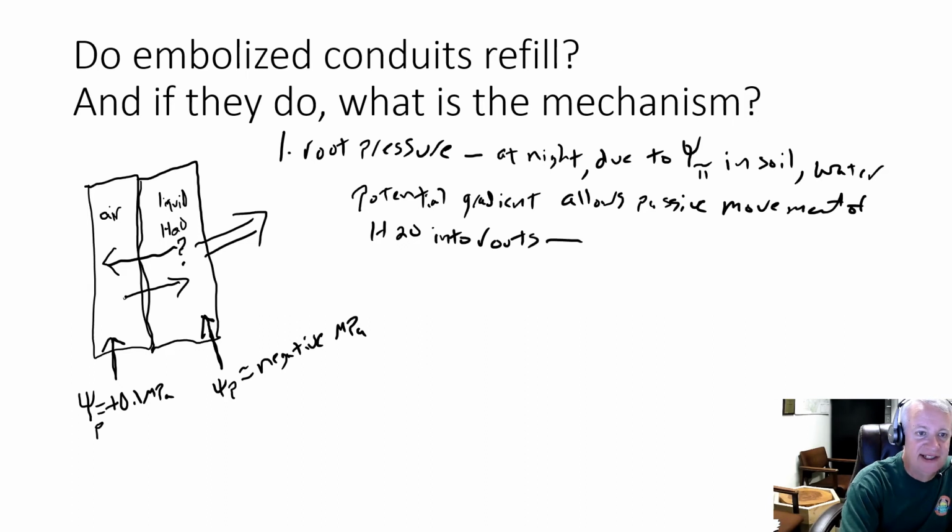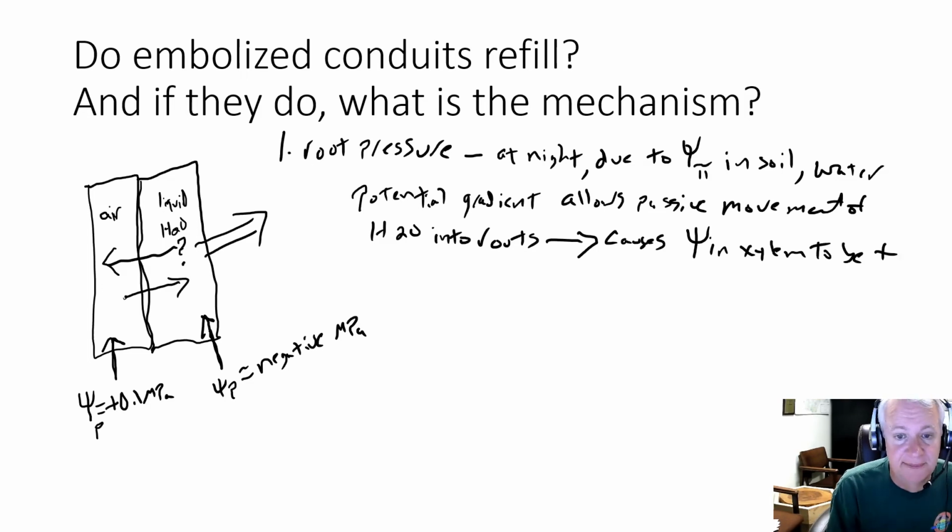That pressurizes the root system. So that causes psi in xylem to be positive. That's called root pressure. So this occurs. It's not impossible or uncommon.